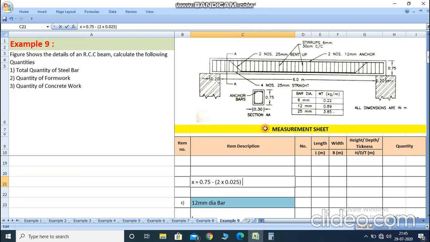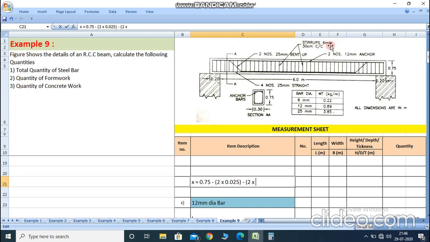Then minus, here stirrup is provided. Clear? So minus stirrup. Stirrup is provided on both the sides. So here minus 2 times the diameter of the stirrup. Stirrup diameter is given 6 mm.